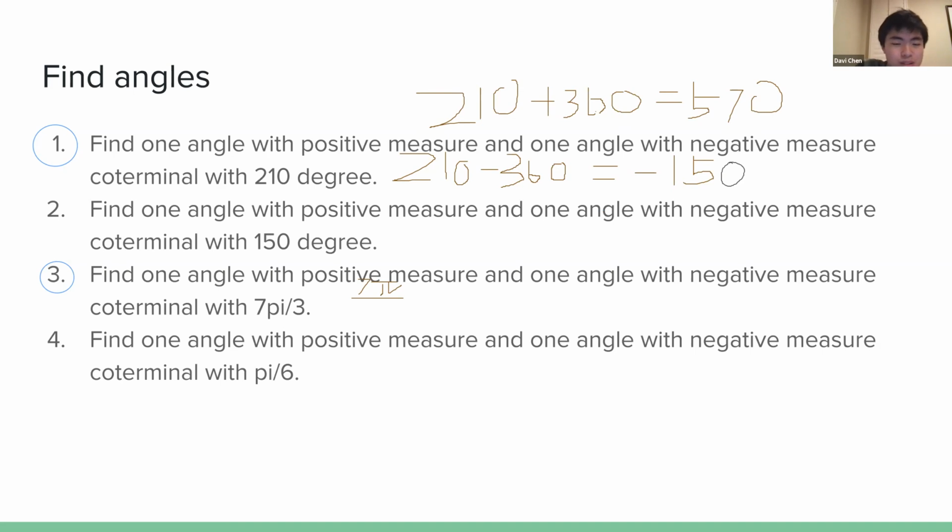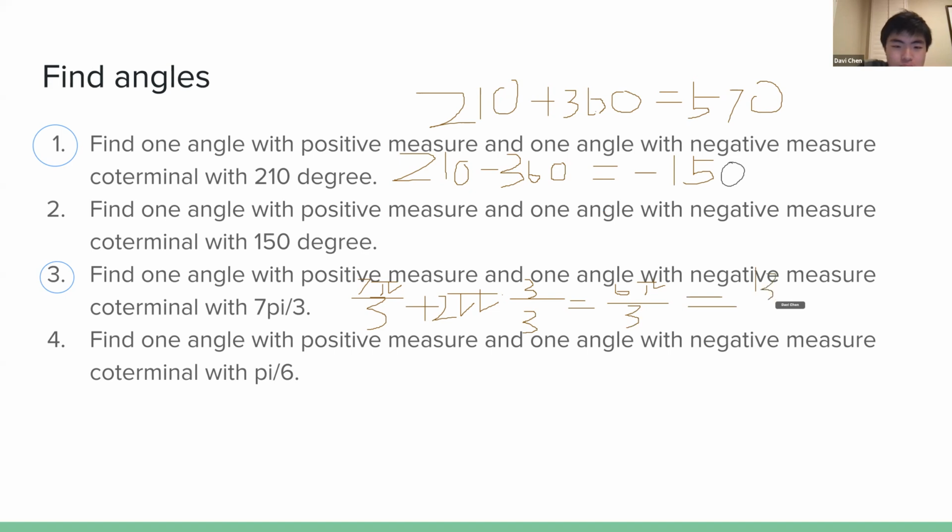Okay, 7 pi over 3, you add 2 pi, and you will need to get the common denominators, which you times 3 up and down. You will get 6 pi over 3. Okay, here you go. 6 pi over 3 add 7 pi over 3, you'll get 13 pi over 3.